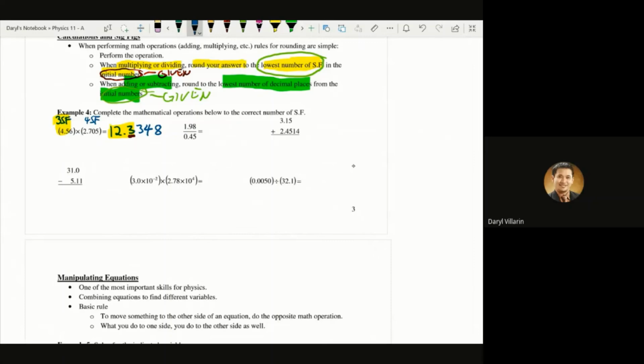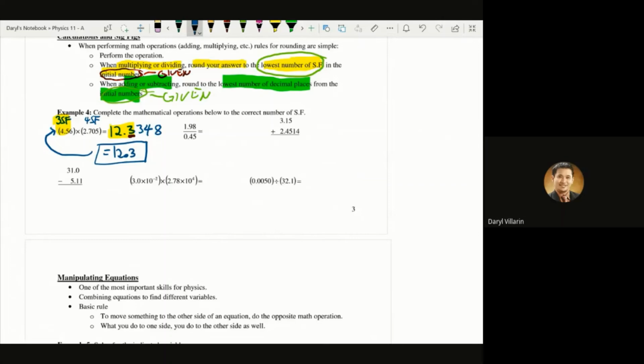Tenths of something. It could be tenths of a centimeter, tenths of a kilogram, or tenths of a second. So since the digit after that is 3, instead of 12.33, I will place 12.3. So that's my final answer. My final answer should follow the least number of significant figures.